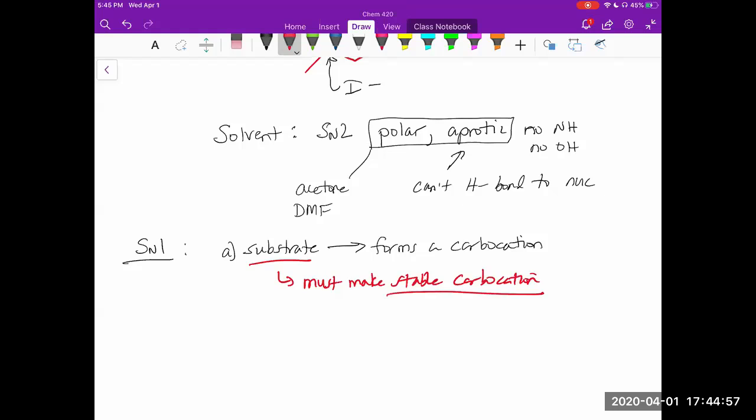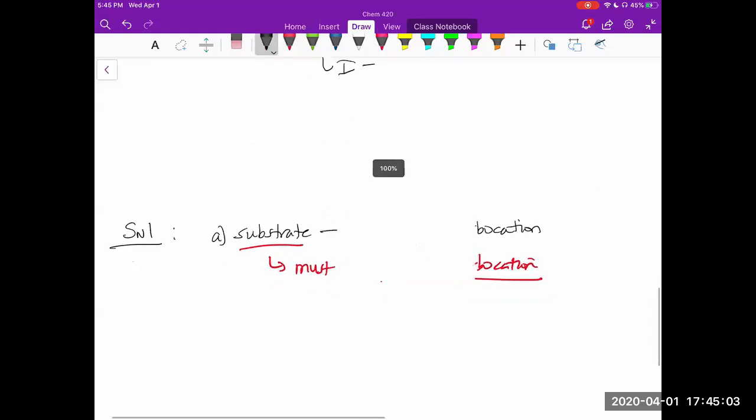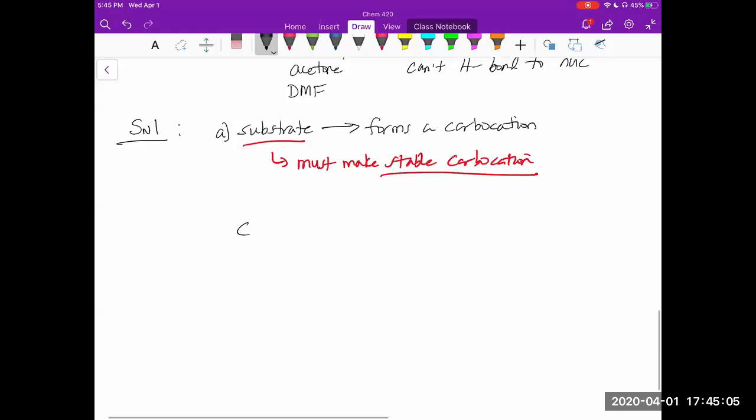So a stabilized carbocation is key. And we talked about carbocations. They were a carbon that had three things on it: trigonal planar, and it had a plus charge, so there's an empty p orbital. And they're, of course, electron poor.